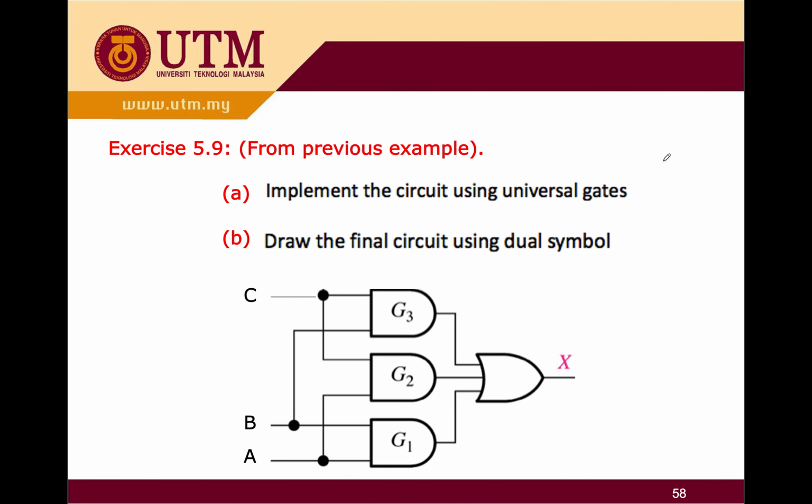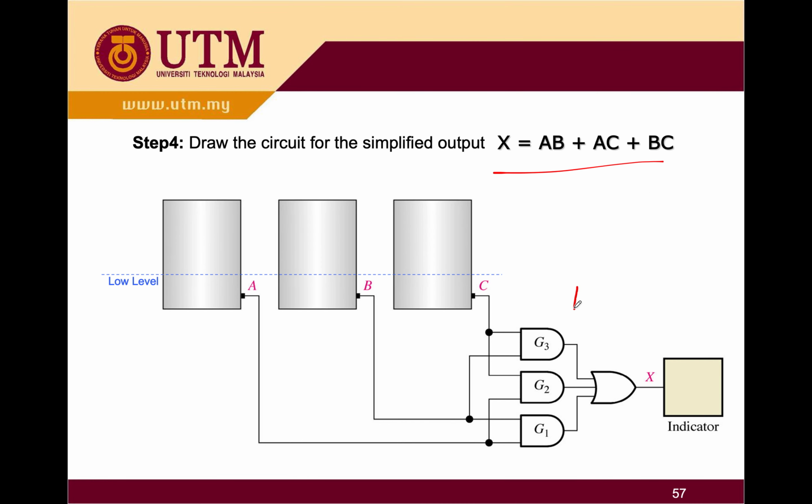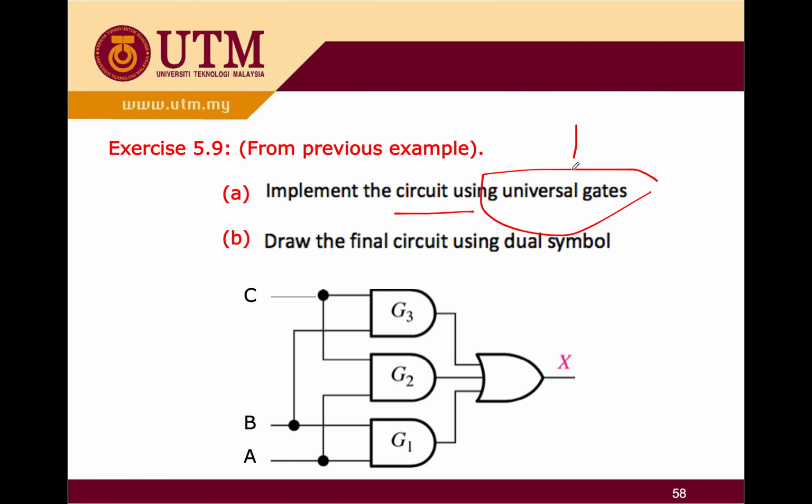Similar to this example, you can also implement the circuit and convert it using the universal gate. You need to know this is the basic gate. So please look back, what is a universal gate? We already learned it in module 3. And then finally, draw the circuit using dual symbols.